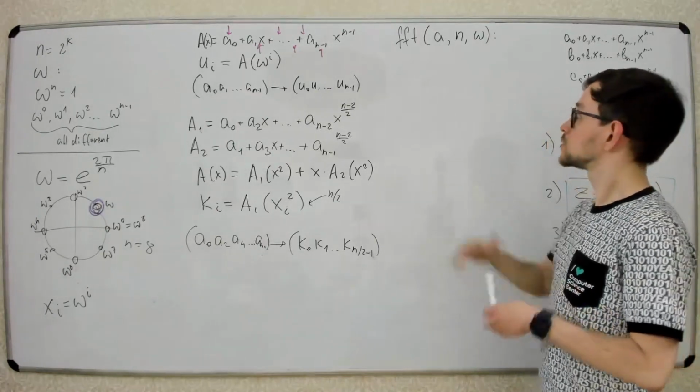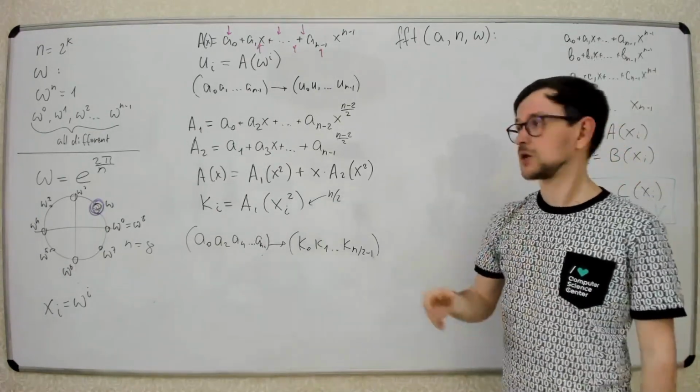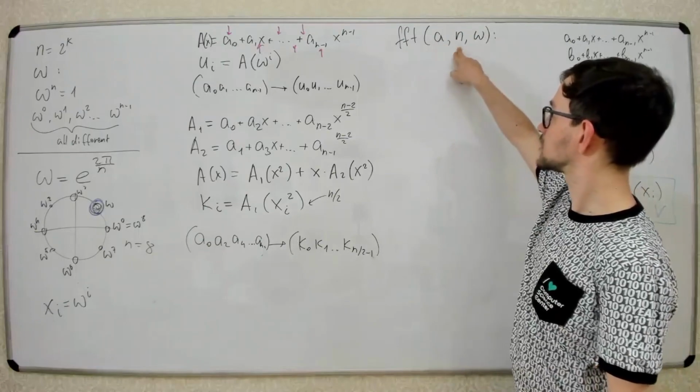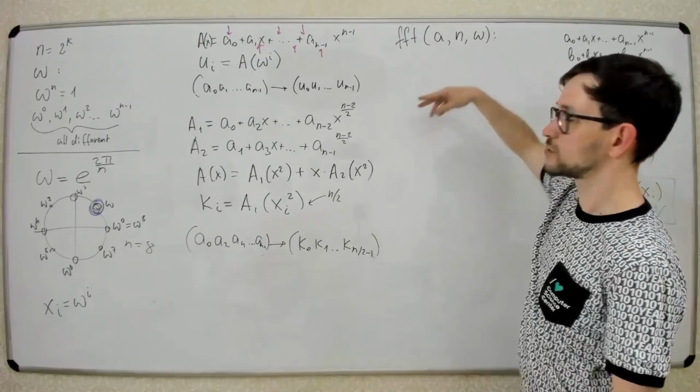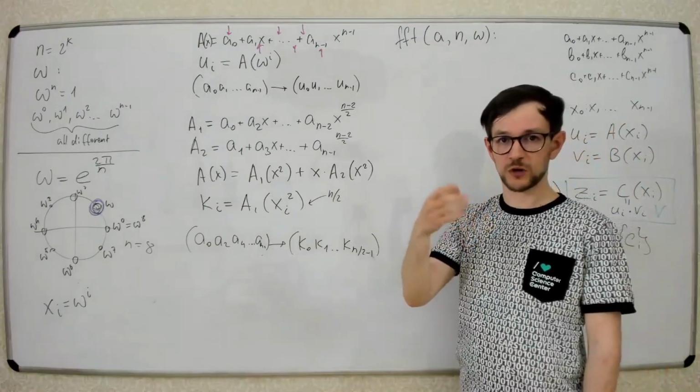So again, this is a recursive procedure. It takes coefficients of a polynomial of size n and returns the values of this polynomial in these points.